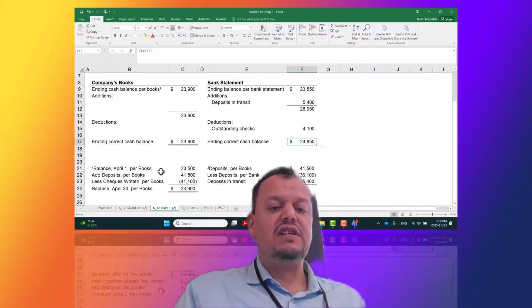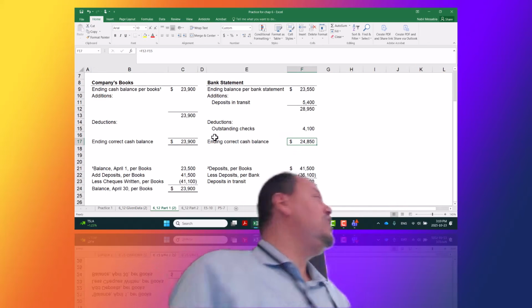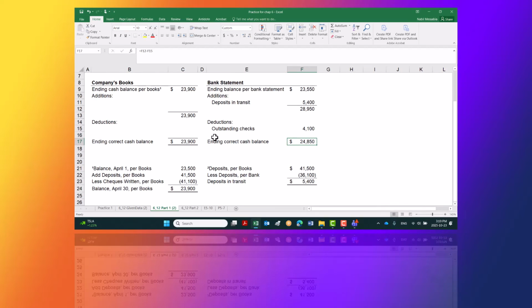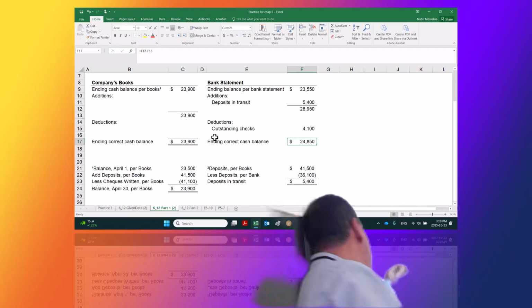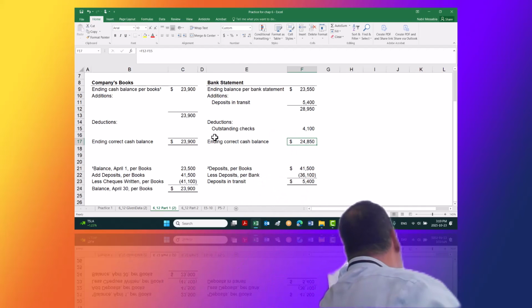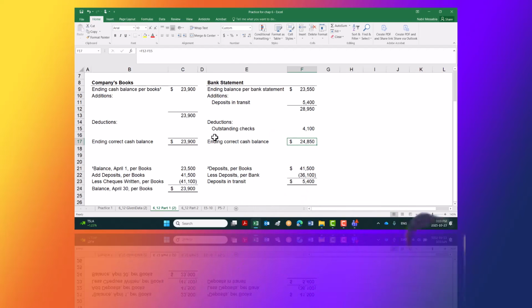Since we are the party that does not know this information, clearly it has to be added on this side. It has to correct the book side. Now the question is, should we add it or subtract it? Is it on the add list or on the deduct list? Is it something that will increase our balance or decrease our balance? Increase. So this is collection from a client.